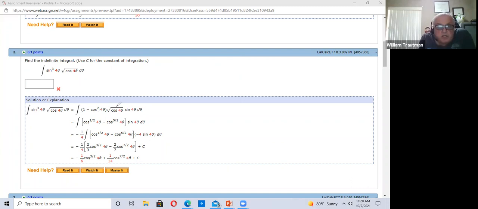All right, so we are here. Then we're going to distribute. Instead of saying square root, just say this is the 1/2 power, and distribute. 1/2 plus 2 is 5/2. Right there.